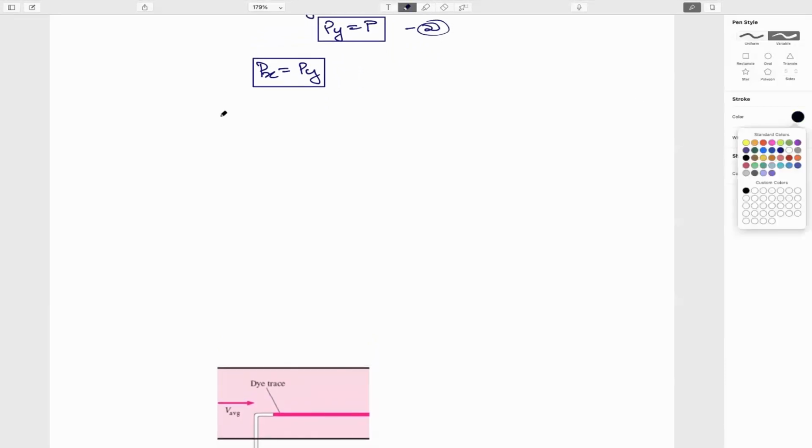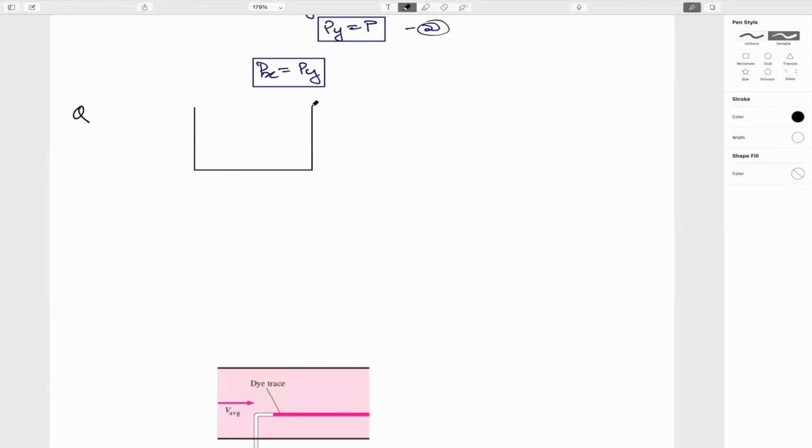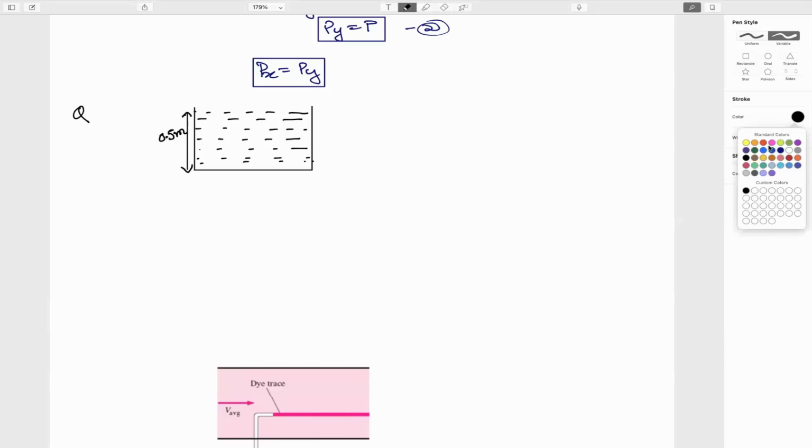So the question is, there is water in a tub. The length of water is 0.5 meter, and a rod is inclined at an angle theta.